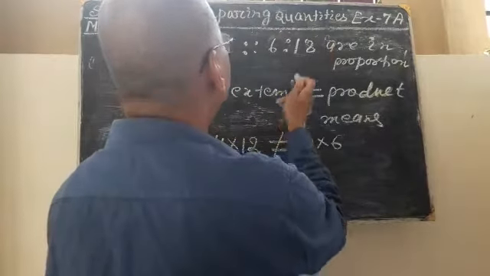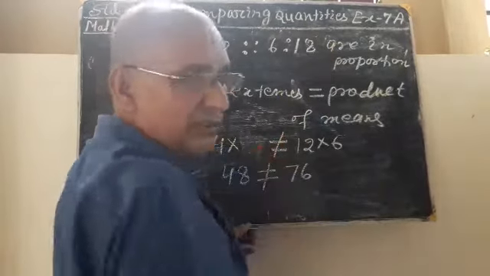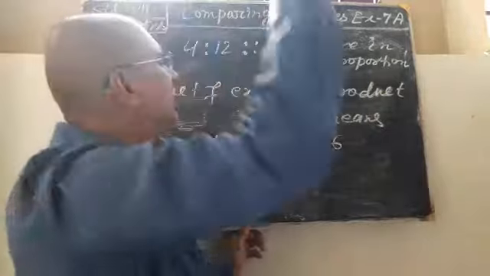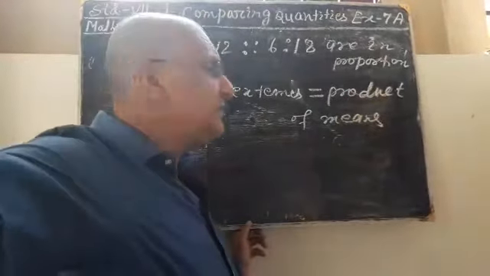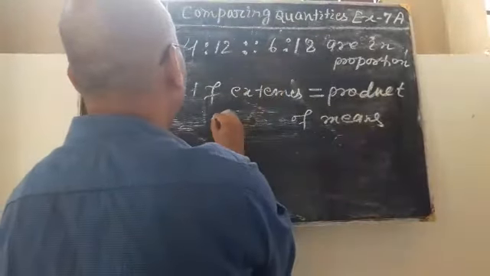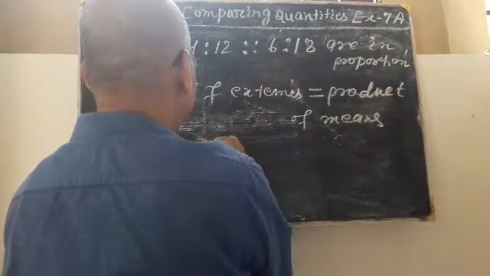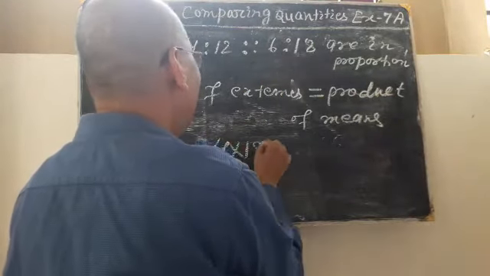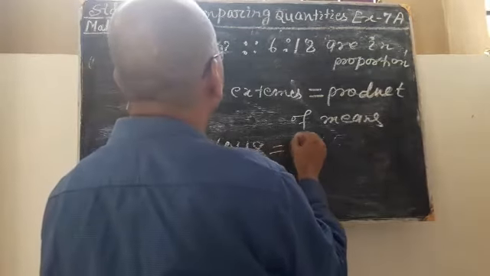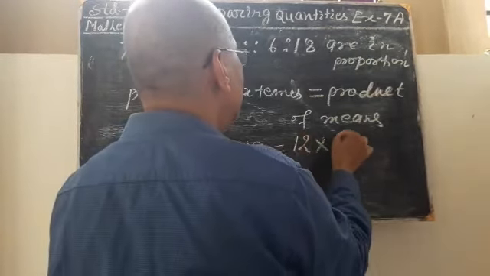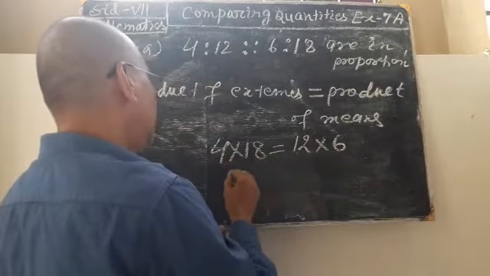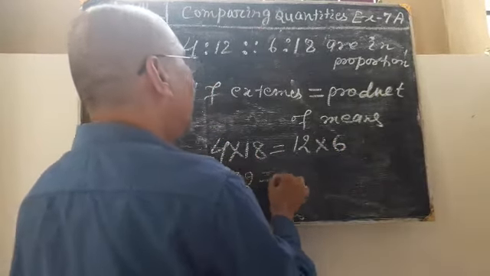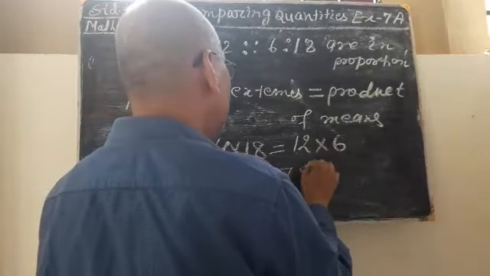The product of extremes is equal to 4 into 18. 4 into 18 is equal to 12 into 6. 4 into 18 is equal to 72 and 12 into 6 is equal to 72.